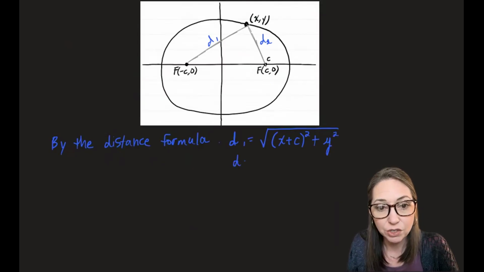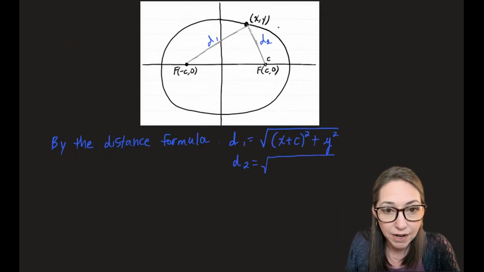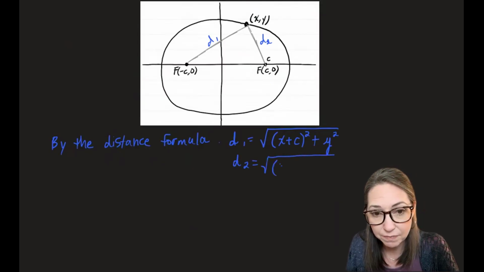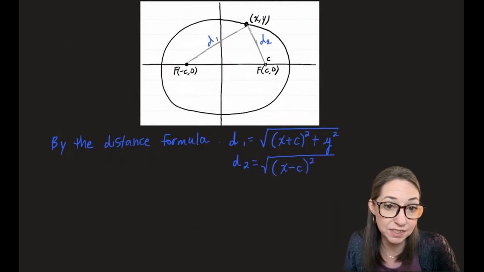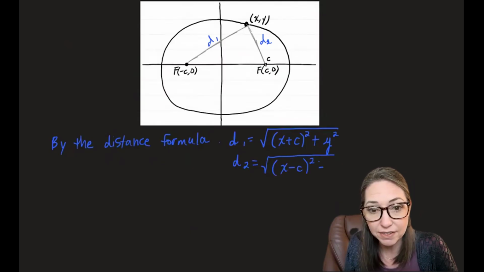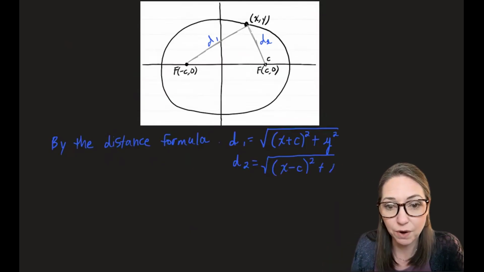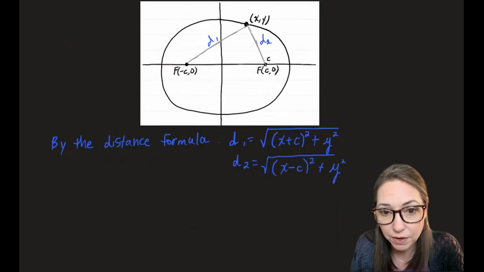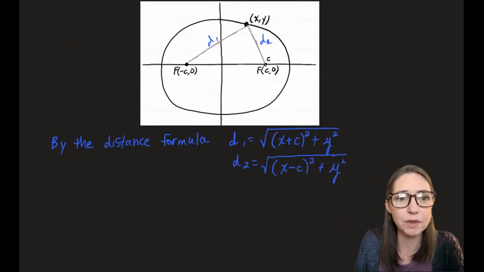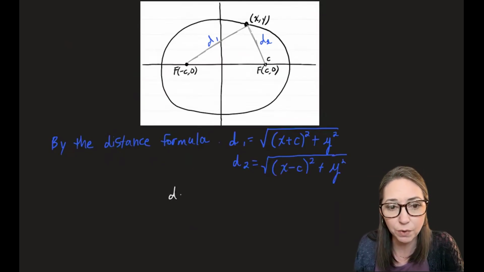All right, and d2, that distance would be the square root of the x minus c in this case. It's the difference between those two x coordinates. And then it's the same on the y's, plus y minus 0, it's going to be y squared. All that's under the square root there. Okay. We know that the sum of those two distances, d1 plus d2, is going to equal 2a.